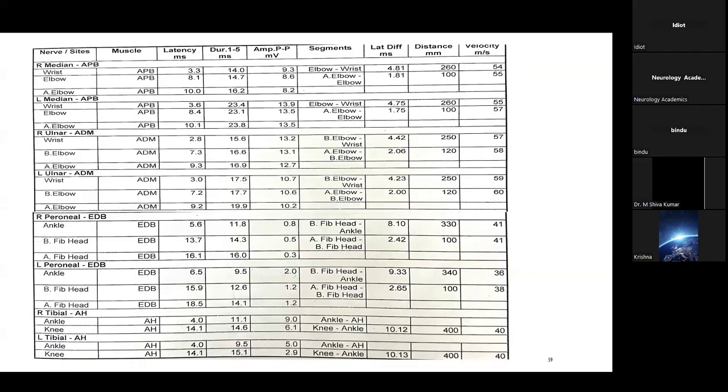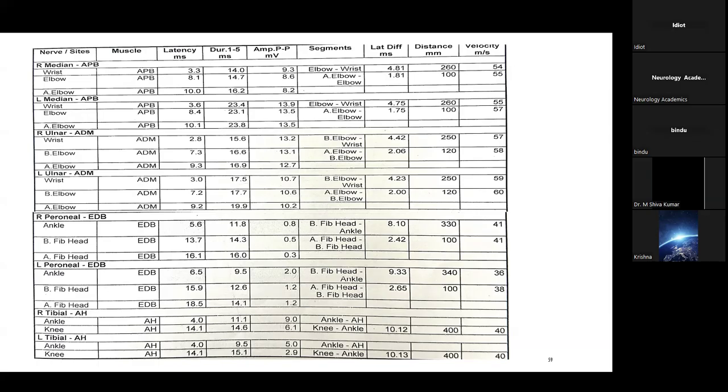Nerve conduction study: upper limb bilateral median and ulnar are normal. Coming to the lower limb, peroneal latency is prolonged and amplitude is also reduced bilaterally. Velocity is also reduced on the left. There is mild asymmetry, left more than right.